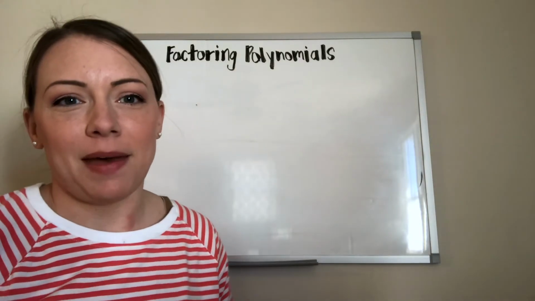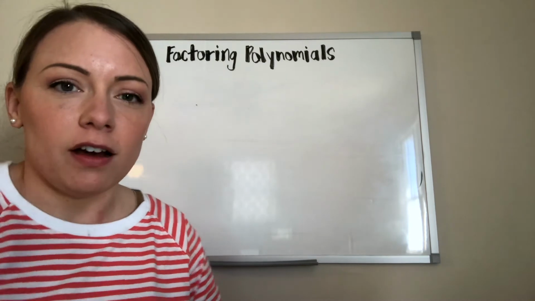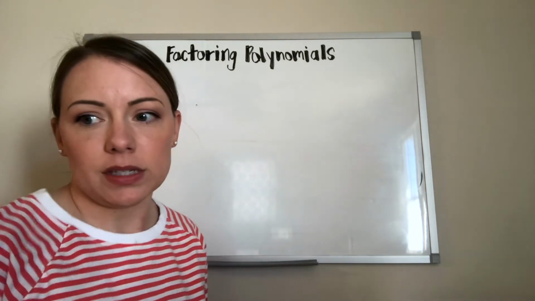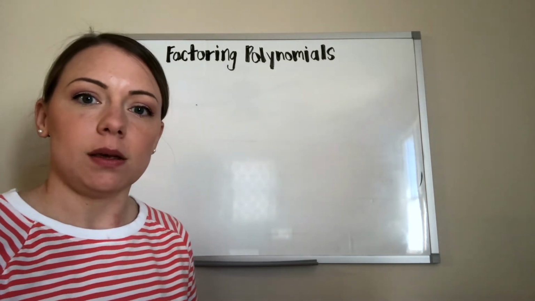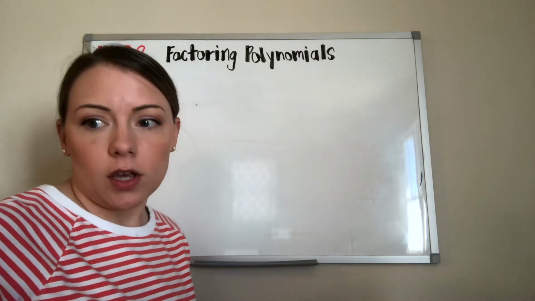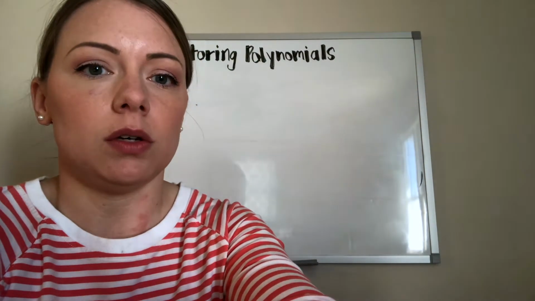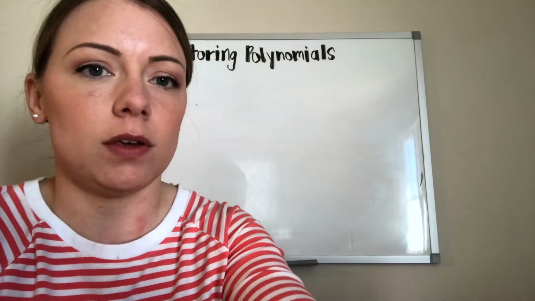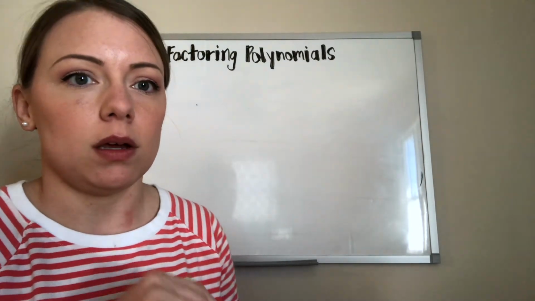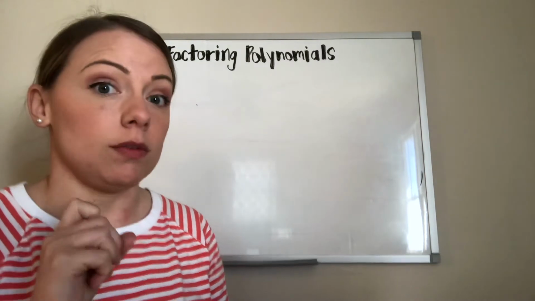All right, I'm back. So when we left off, I was talking about how the sign of C and B affect your factors. So you have a chart, and I wanted to show this to you even though it should be in front of you, but my camera does not reverse how it needs to.